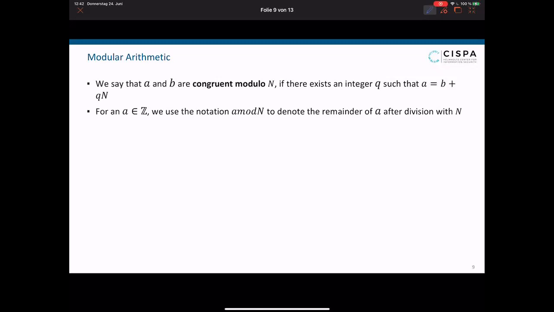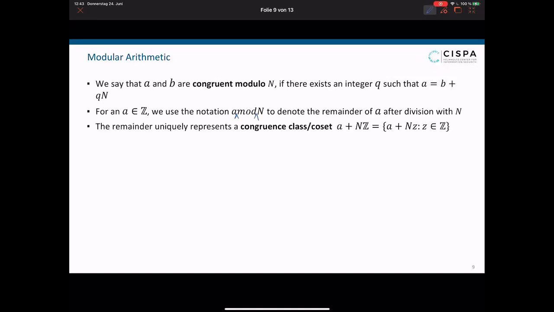There's supposed to be white spaces in between there, but they were ruined by this conversion. So for an integer a, we use the notation a modulo n to denote the remainder of a after division with n.